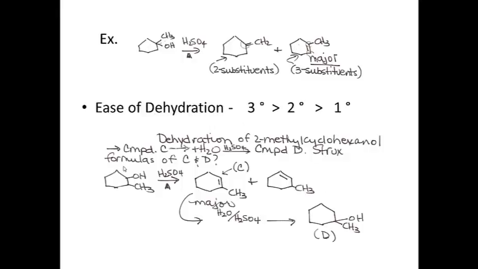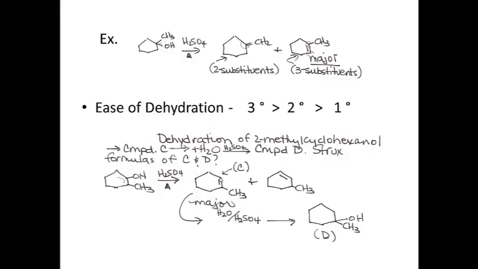If you take a look at 2-methylcyclohexanol here, you can see that dehydration is either going to occur here or it's going to occur here. If we look at this first one, we see that the OH comes off of this carbon and a hydrogen comes off of this carbon, remembering that that doesn't show because of the ring structure.